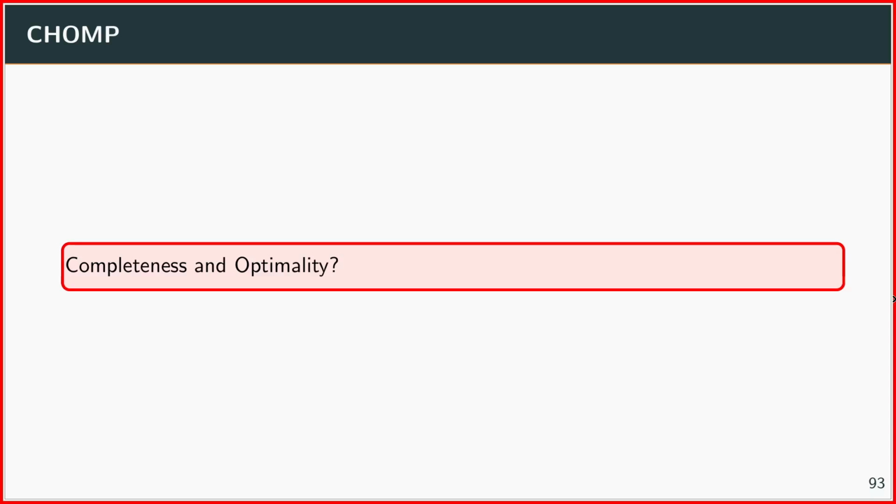Yeah, that's correct. So if you start with a feasible path, then of course this retains completeness, and for optimality you only converge to something which is not necessarily global.